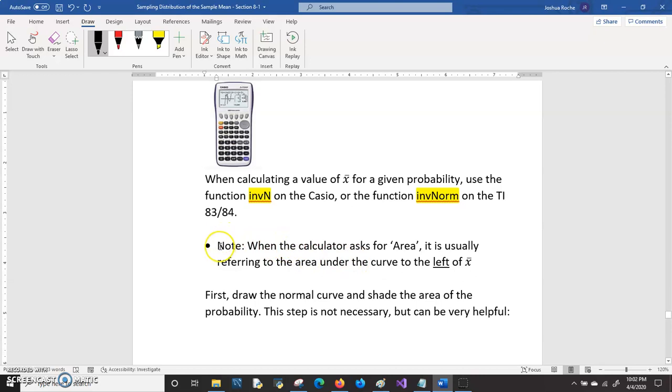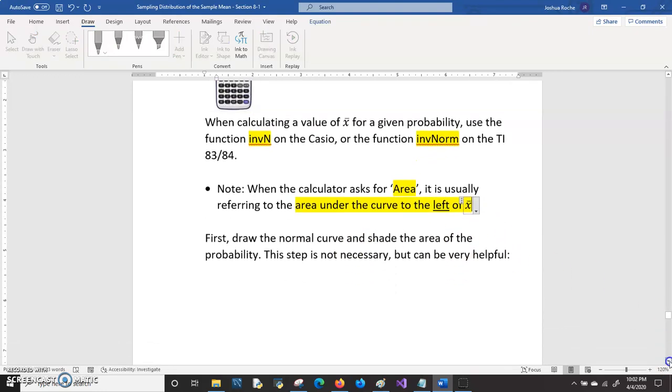Also, just keep in mind, just like in Chapter 7, when you do these kinds of problems, the calculator will ask for the area, and usually the calculator is referring to the area under the curve to the left of x, or x bar.